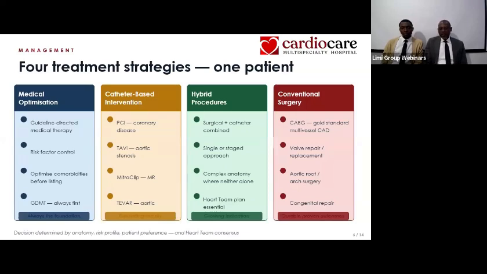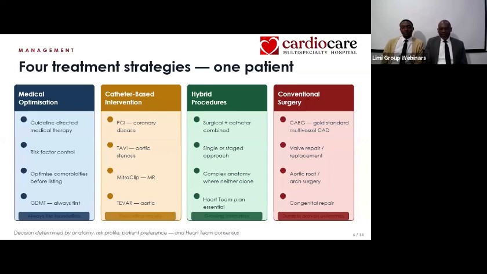Then sometimes we combine these catheter-based interventions with open surgery, what we refer to as a hybrid procedure. So sometimes we do stents and then go ahead to do coronary artery bypass for the other vessels, particularly when there's a patient that we know has multi-vessel disease, but then suddenly comes down with an event, like an NSTEMI or a STEMI.